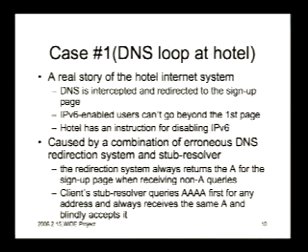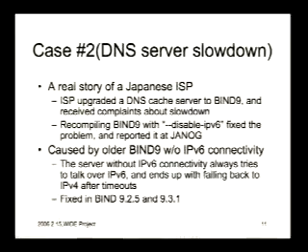The client stub resolver queries AAAA first for any address, always receives the same A, and blindly accepts it. In this case, it could proceed through the whole process, but users encountered a significant delay in name resolution.